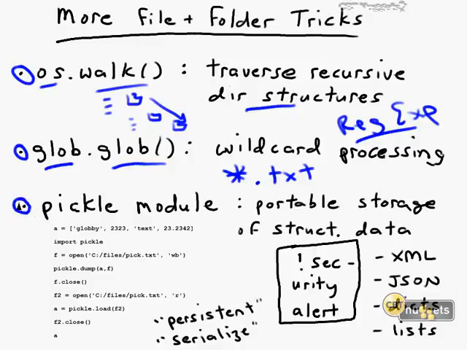Third, you need to understand how to pickle objects in Python. Now, if you hear Pythonistas around the water cooler talking about, well, I'm going to pickle that and send it to you as an email attachment, you're now about to know what that means. Pickle is a built-in module in the Python distribution that provides portable storage of structured data. Now, what the heck does that mean?